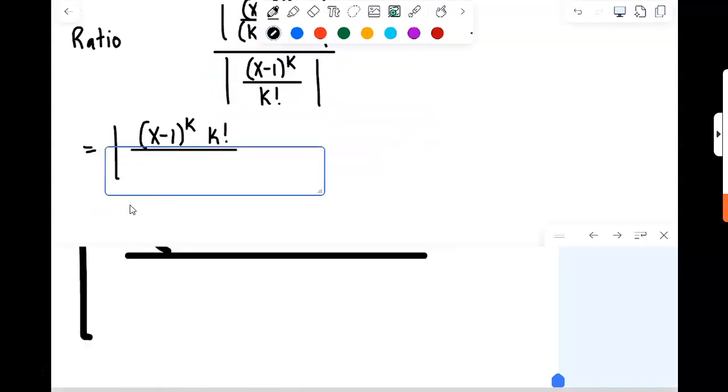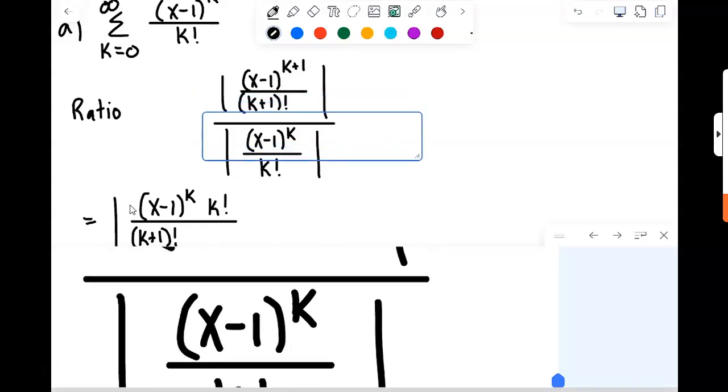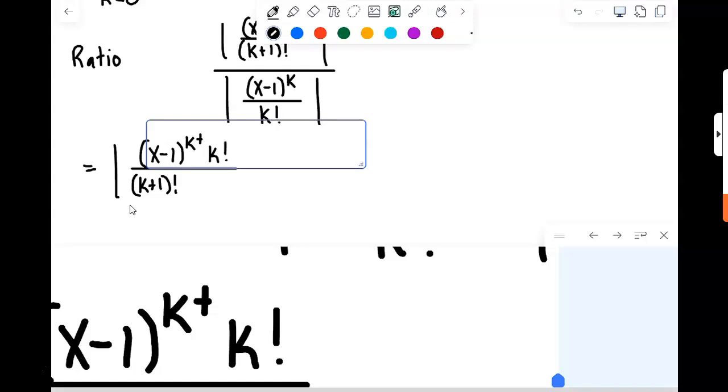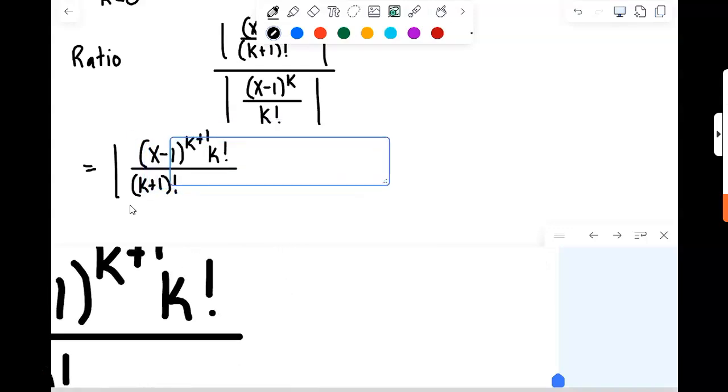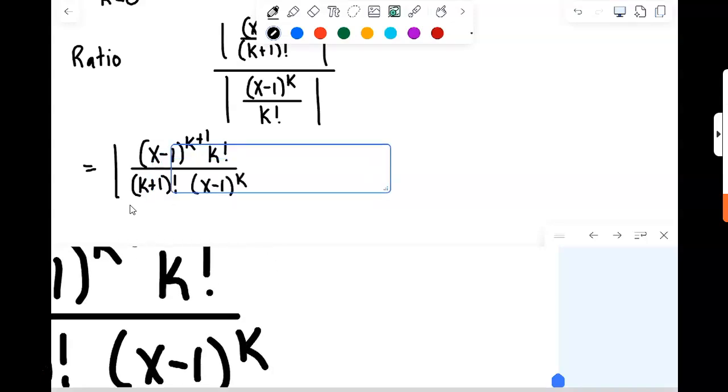And then the k plus 1 factorial is in the bottom, and the x minus 1 to the k will be on the bottom.